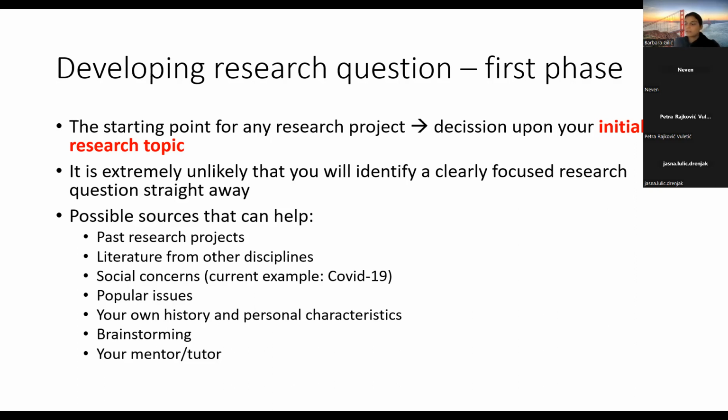Some researchers conducted studies on the severity of COVID-19 during lockdown for patients with different medical conditions, and you can find it as a cornerstone for your research. That's only one example, and it's connected with this third one, social concerns, COVID-19, also popular issues you are interested in, your own history and personal characteristics.